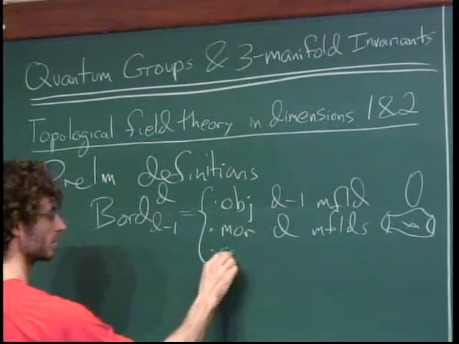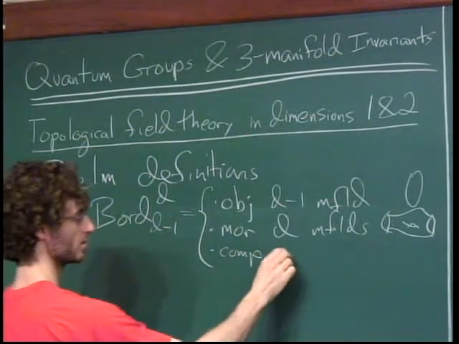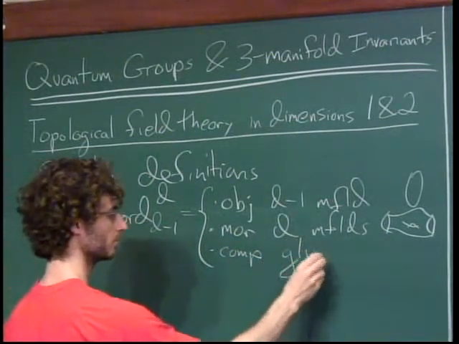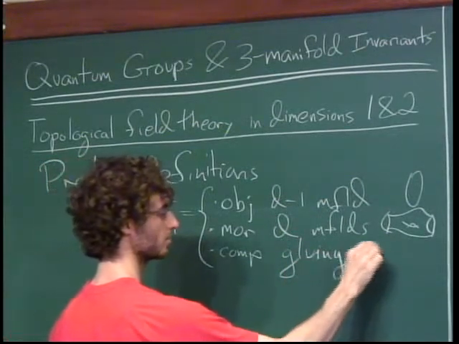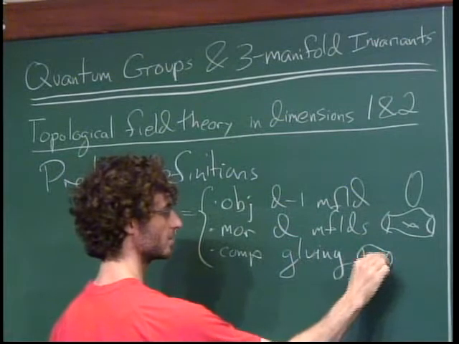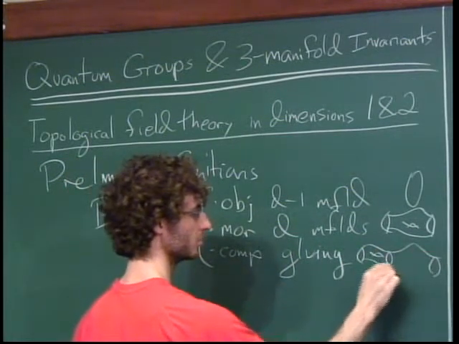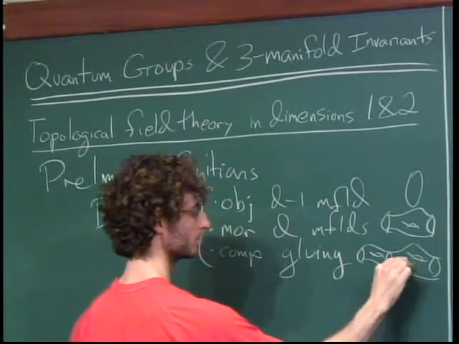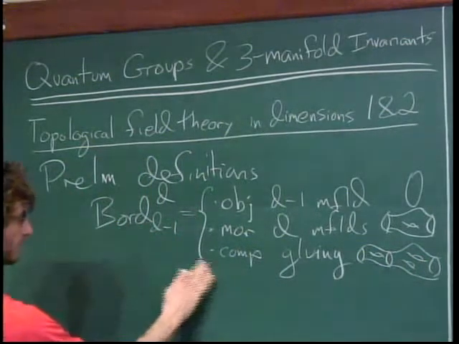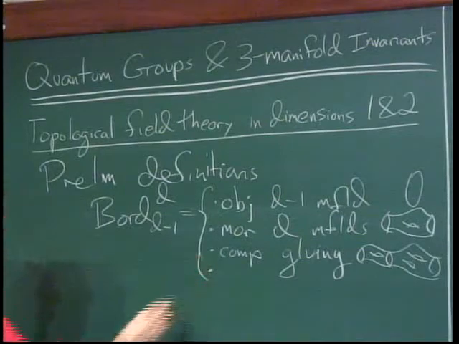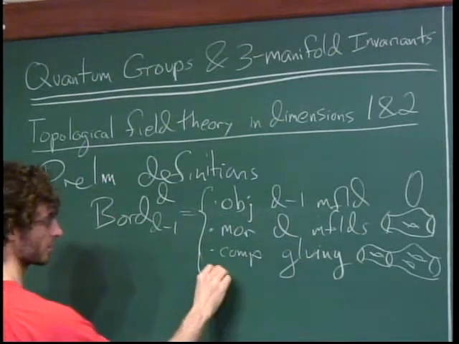And then the composition operation is gluing. That is, you take one morphism and then you glue it to another morphism along their common boundary. And this also has an operation of disjoint union, which is a monoidal structure.